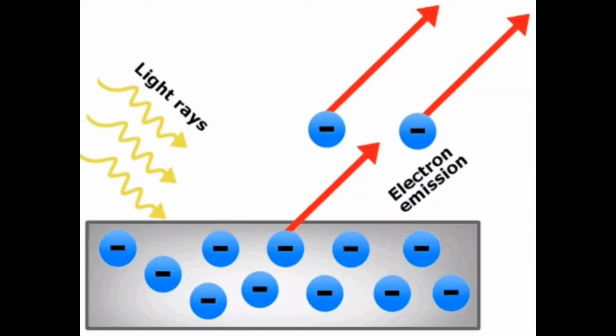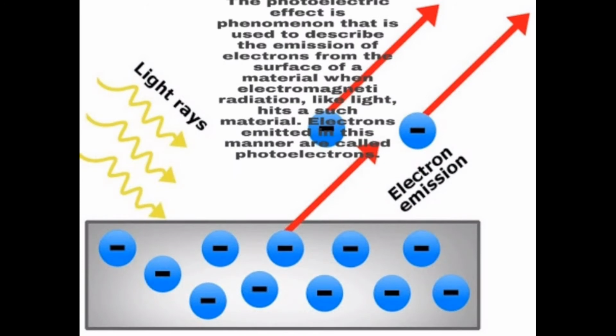Now let's go to the second thing we have to talk about. We want to talk about the photoelectric effect. That's another proof that waves behave like particles. What is the photoelectric effect? The photoelectric effect is a phenomenon used to describe the emission of particles from the surface of a material when they are hit by light or other electromagnetic waves.